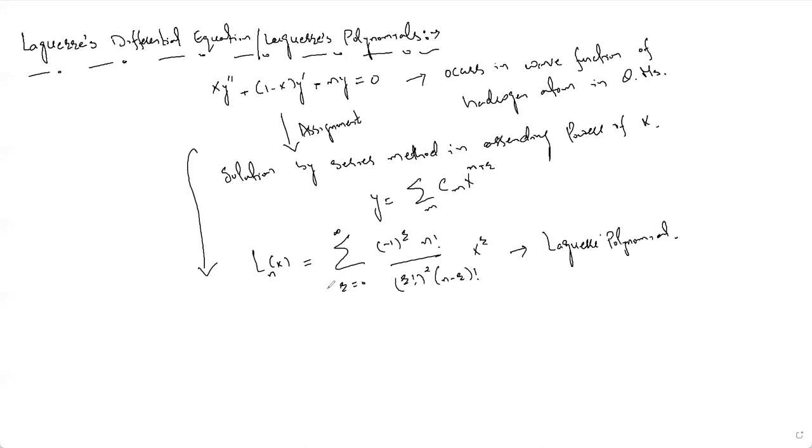By taking different values of n, I can find the different Laguerre polynomials of order 0, 1, 2, 3, which I will do after a certain time. So this is the solution, but you have to find it by the series method, taking ascending powers of x. You can do it yourself.